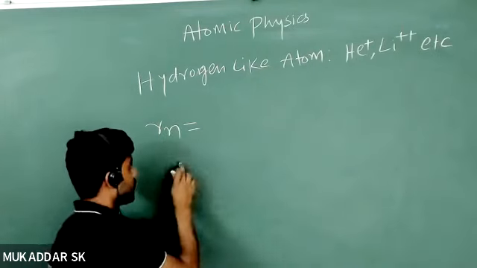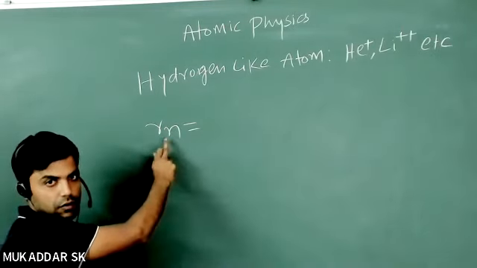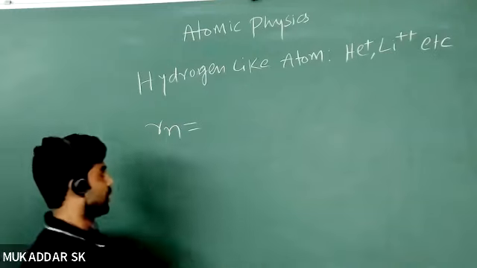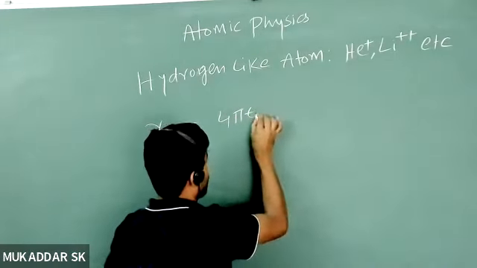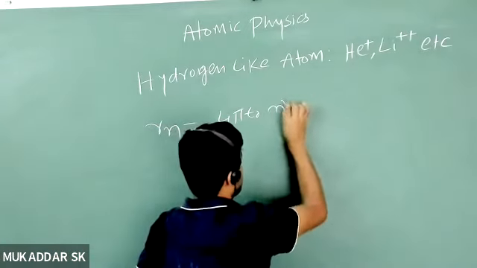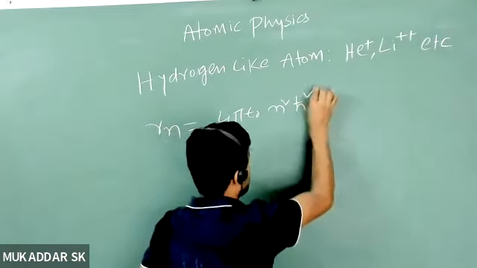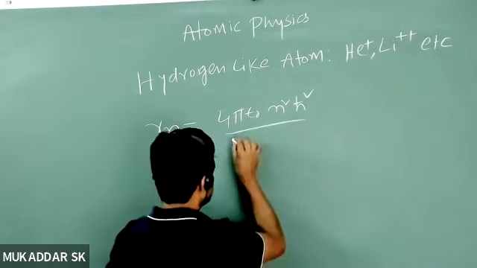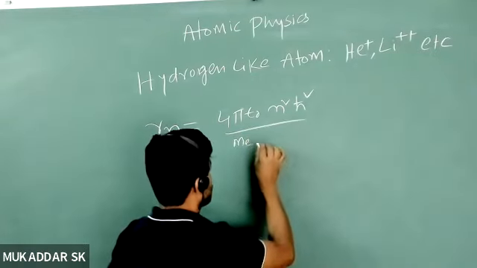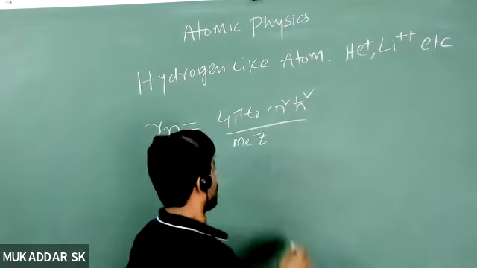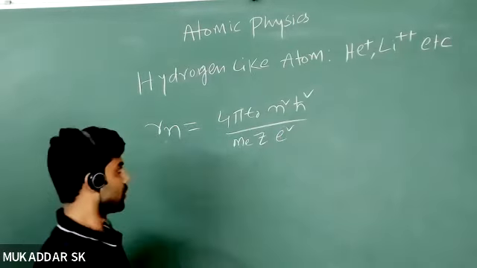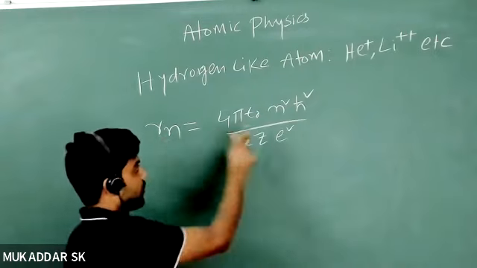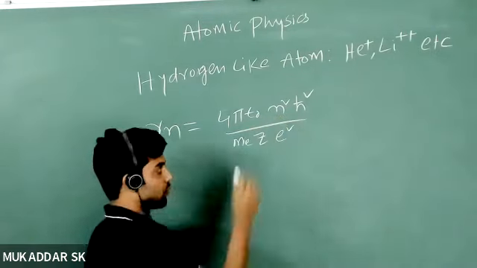It means the radius of orbit depends on principal quantum number small n, and that was 4 pi epsilon naught n square h cut square divided by mass of electron into atomic number into e square, where small e is the electronic charge. So you see the radius depends on principal quantum number.